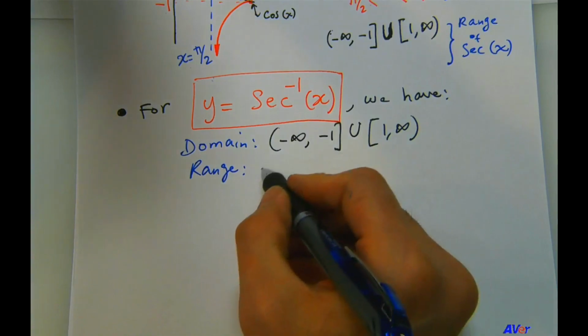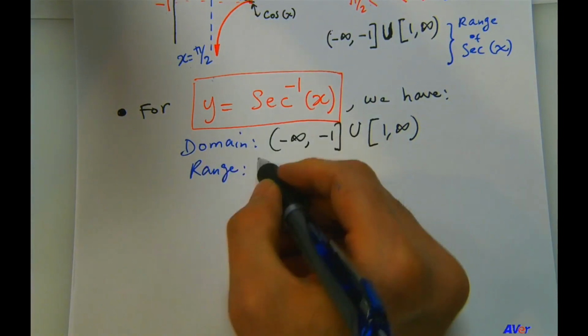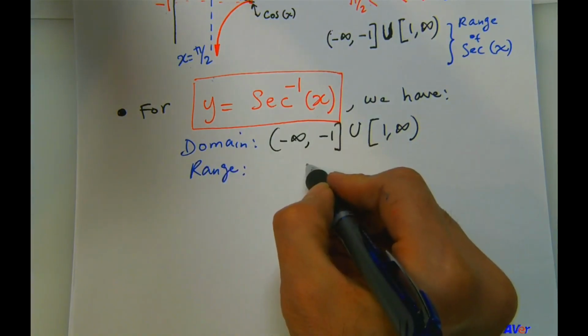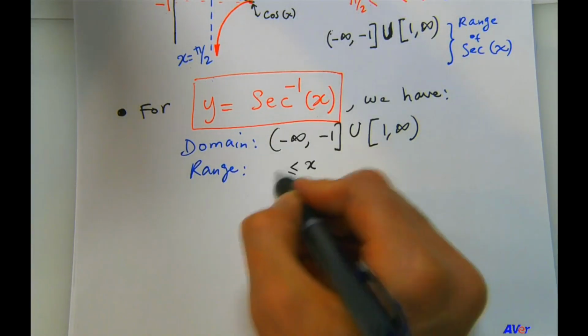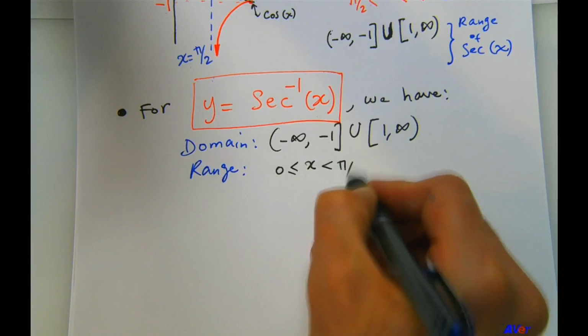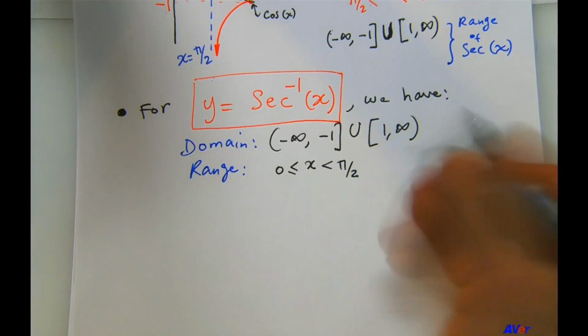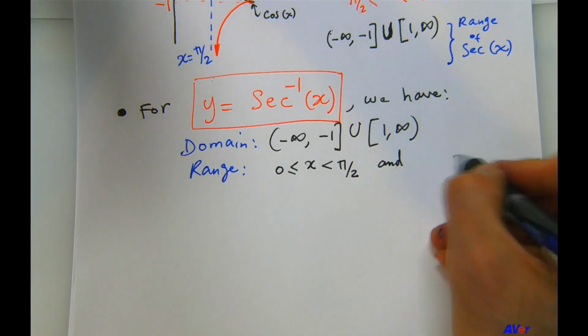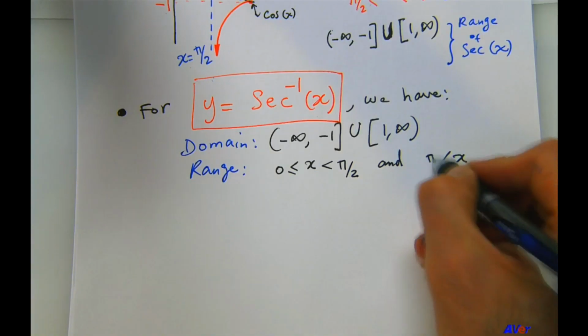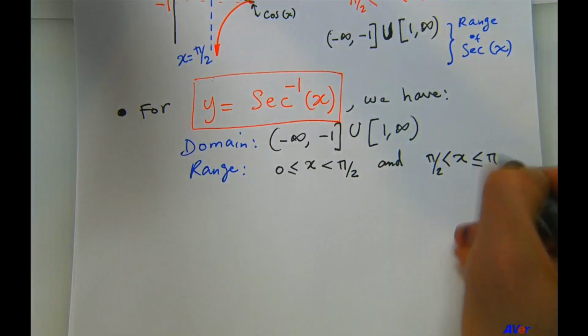So we have range is equal to x between 0 and pi over 2, and the other one, x between pi over 2 less than or equal to pi.